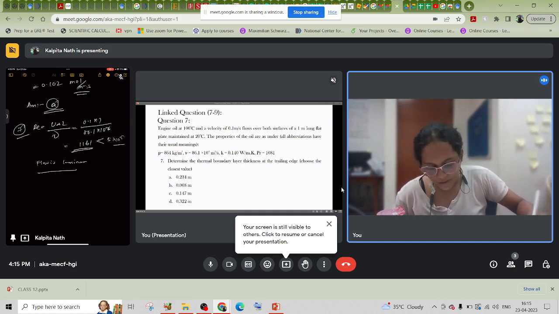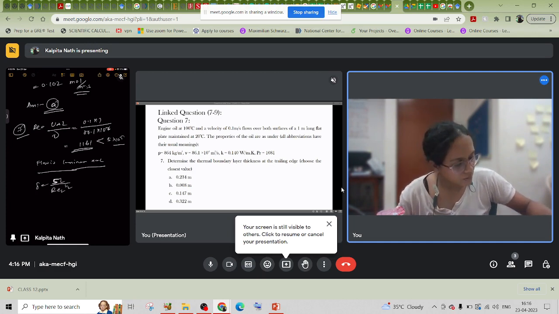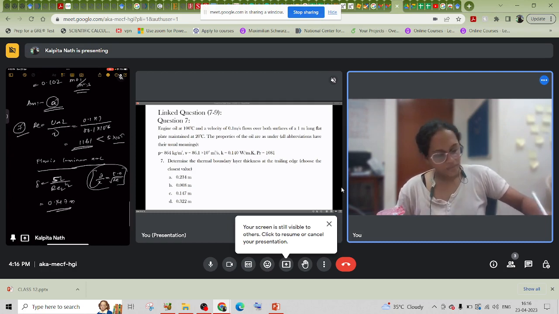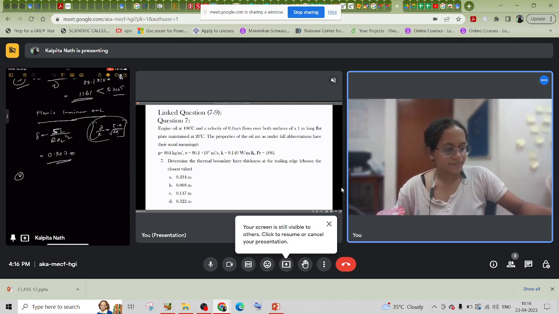So at x equal to L, delta is equal to 5L by root over Reynolds number, because delta by x is equal to 5.0 by root over Reynolds number. This is the equation. So here we get 0.147 meter.